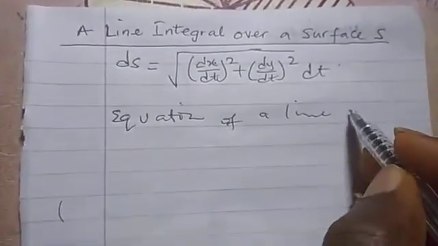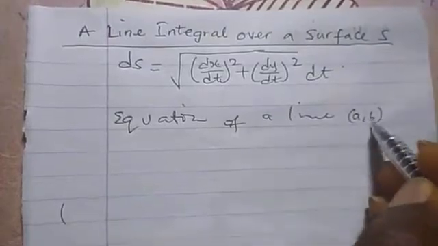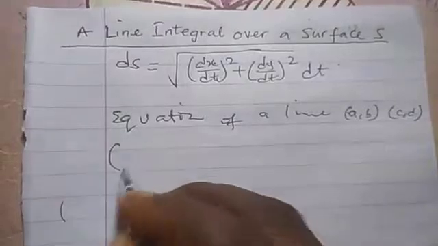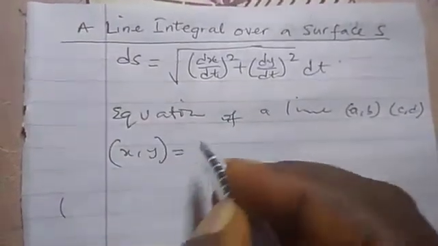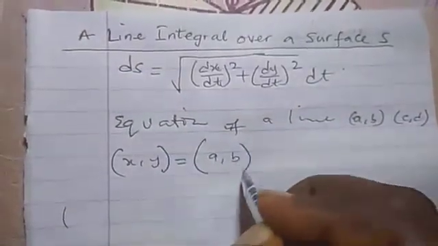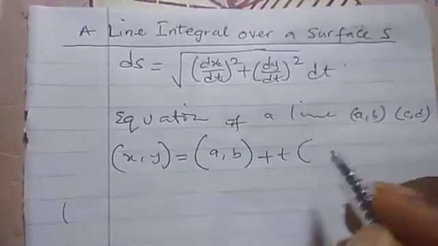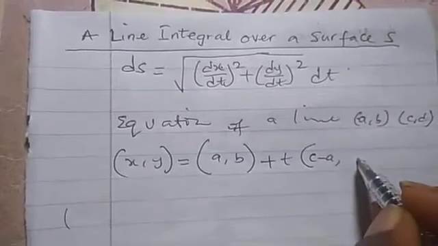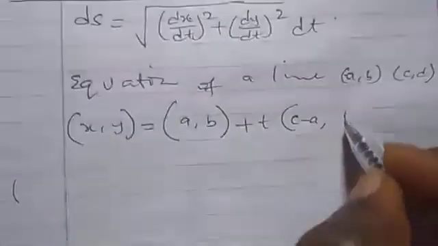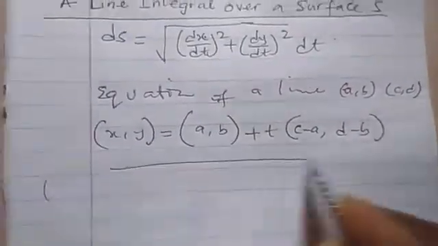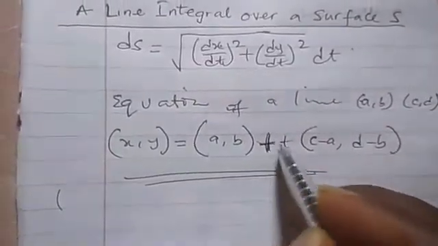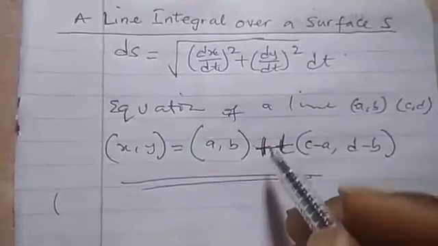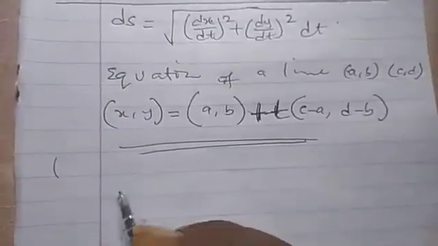Let's say between (a, b) and (c, d), the equation of a line is written as (a, b) plus t into (c minus a, d minus b). So this is another form, with this we can parameterize this equation, that is, we can get a parametric equation.